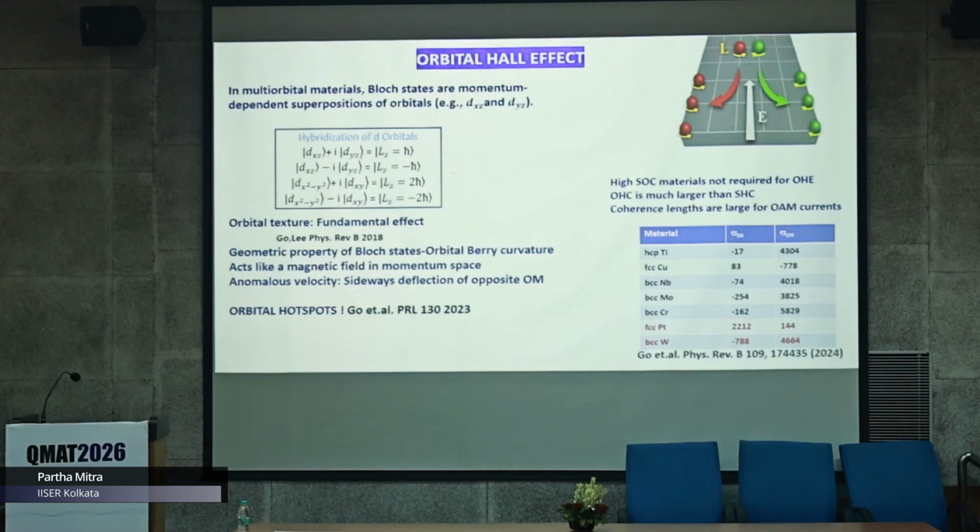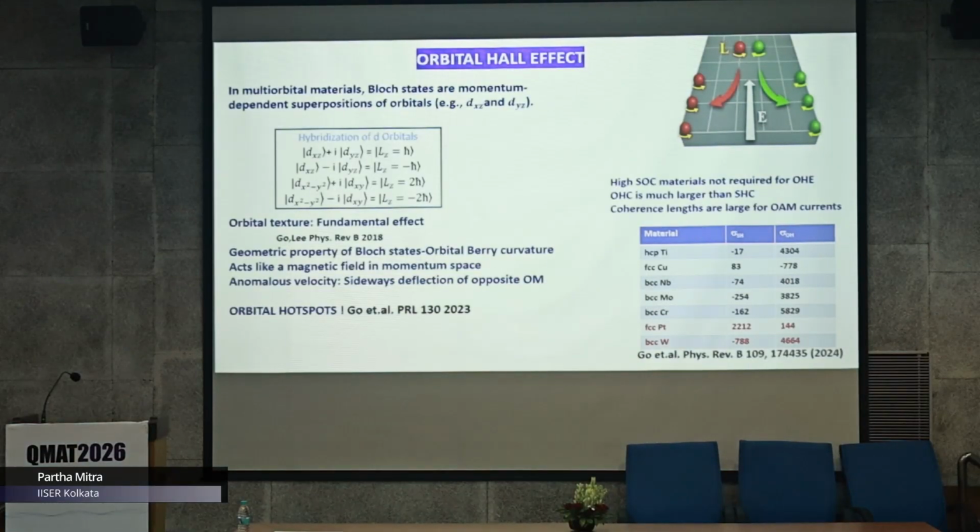For example, it could be a superposition of dxz and dxy because they are very close in energy. If you check dxz plus i dxy, its Lz state will be plus h-bar. But dxz minus i dxy will give you a minus h-bar orbital angular momentum.